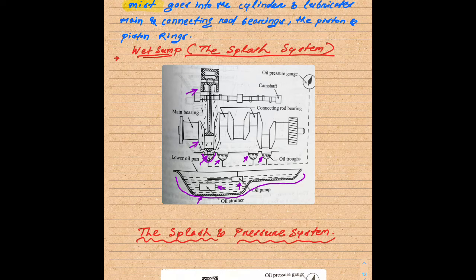This way the whole engine is lubricated. This is an oil pressure gauge where we can see the pressure of oil inside the engine. If the pressure decreases, then you have to add more oil. So this is the splash system.